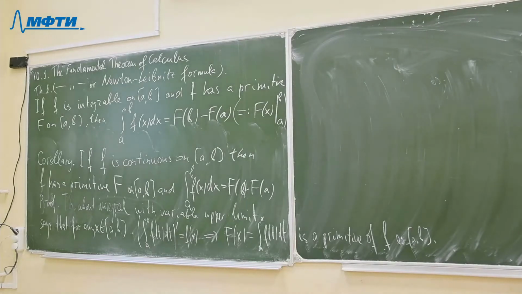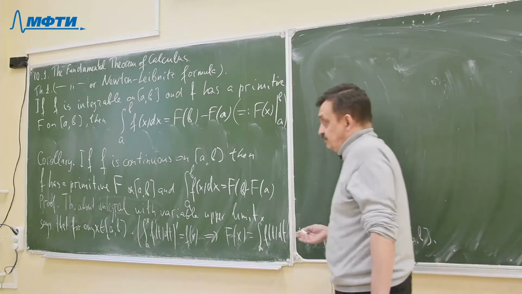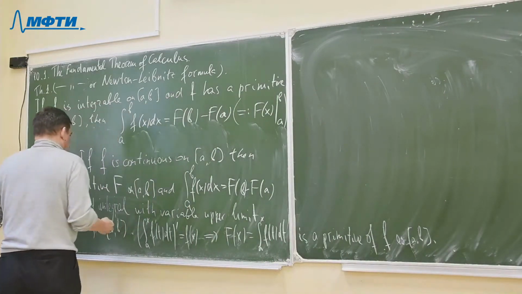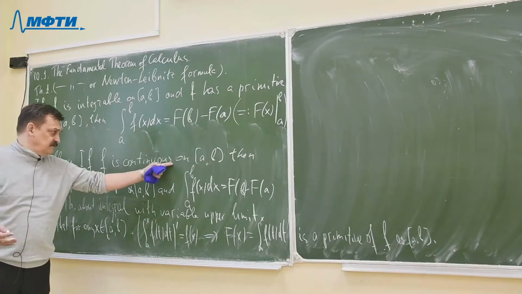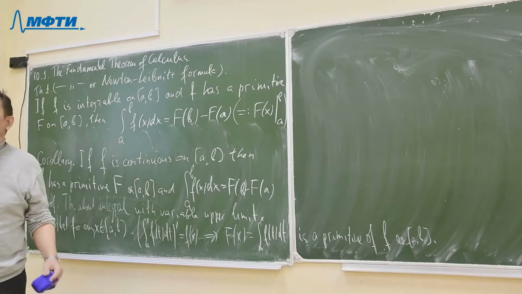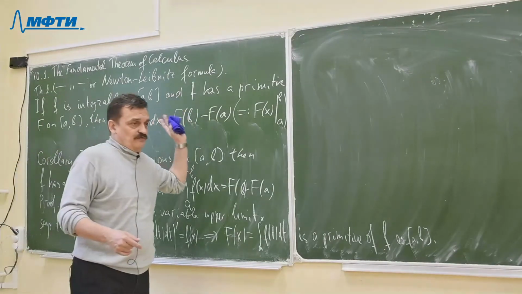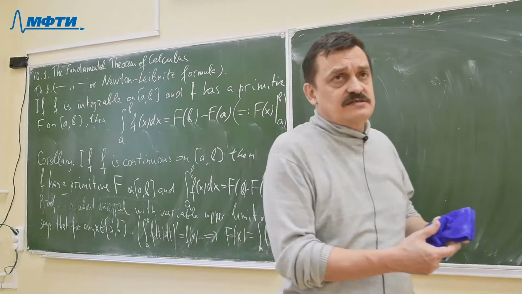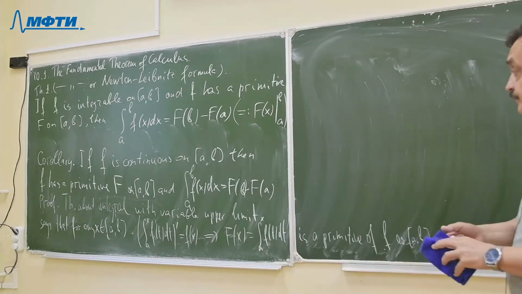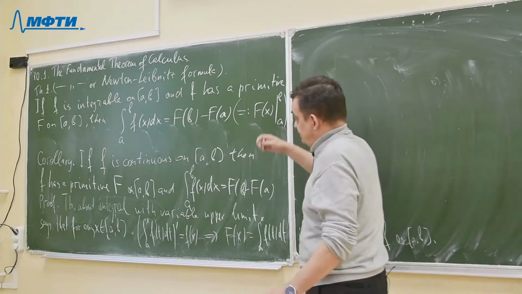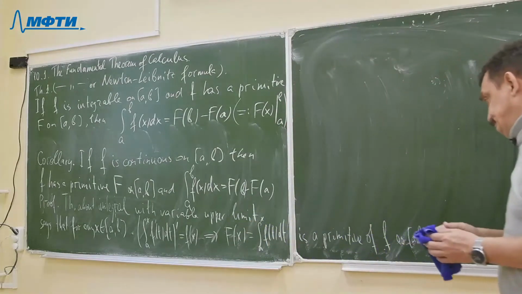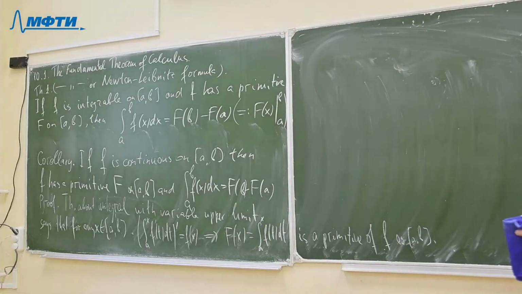So, our function f is integrable, and there was a theorem about it, that every continuous function is integrable on AB, and also it has a primitive. So both conditions of our theorem are satisfied, hence we have the desired equality. So the corollary is proved.